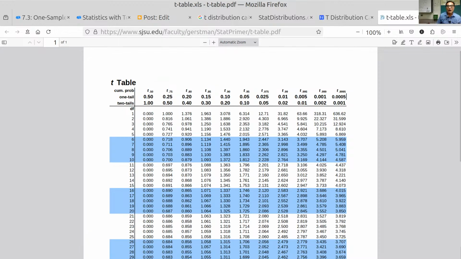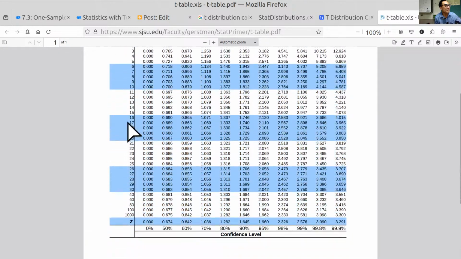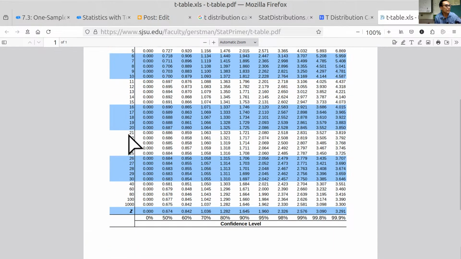How do we read this one? For example, we want to know the one-tail 0.05, 5%. One tail is here, and the degree of freedom is 19, that's 19 here.